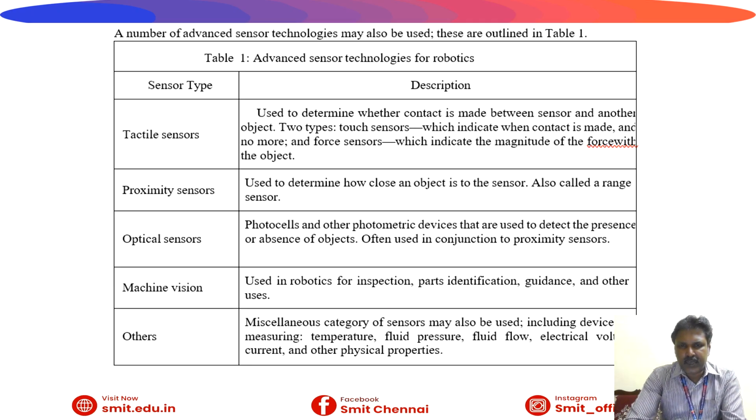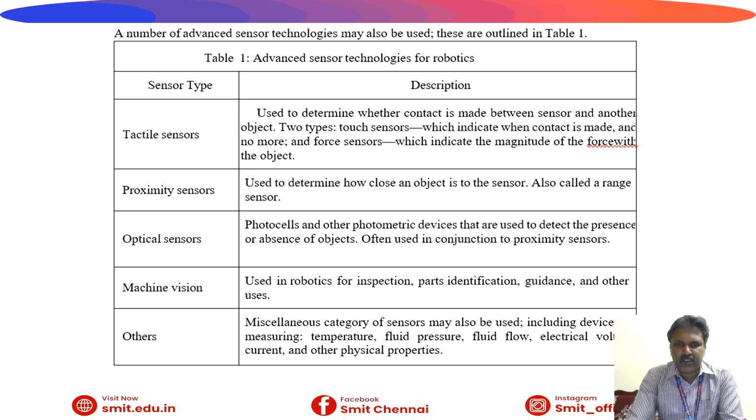Now the number of advanced sensor technologies that may be used, we can see in this table. Sensor type, that is tactile sensors, used to determine where contact is made between the sensor and another object. Two types: touch sensors, which indicate when contact is made and no more, and force sensors, which indicate the magnitude of the force with the object.